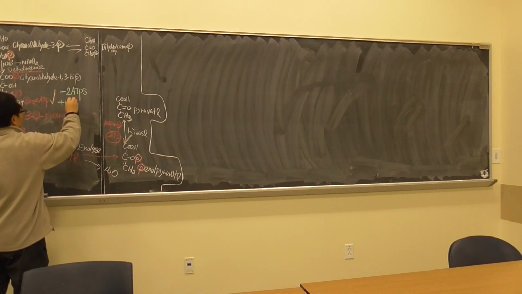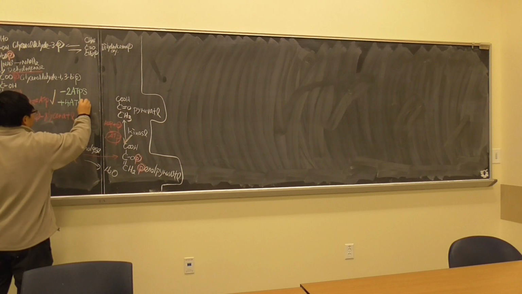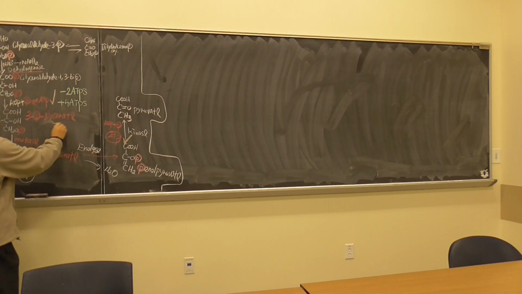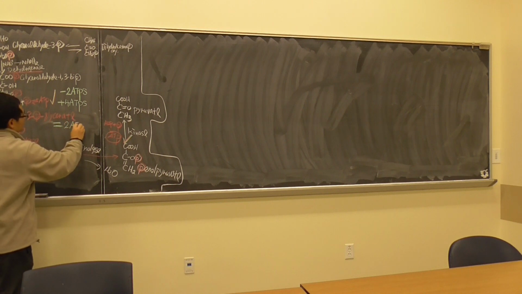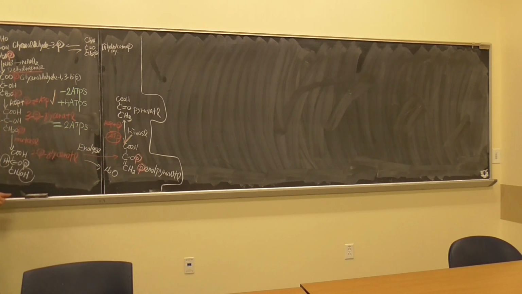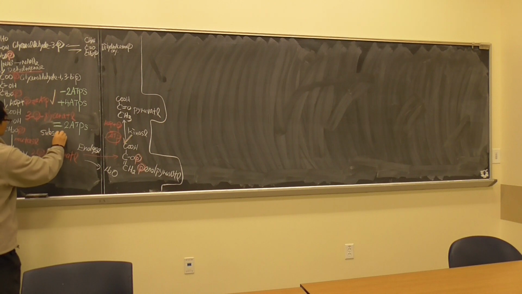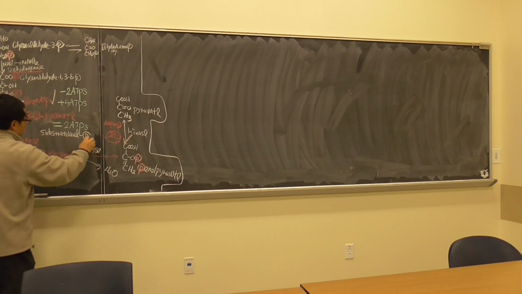So what's the total? Minus 2 add 4 equals 2 ATPs. And these 2 ATPs are generated by substrate level phosphorylation.